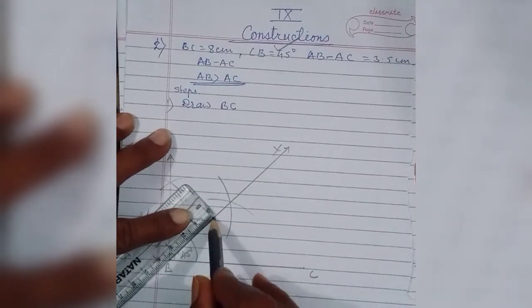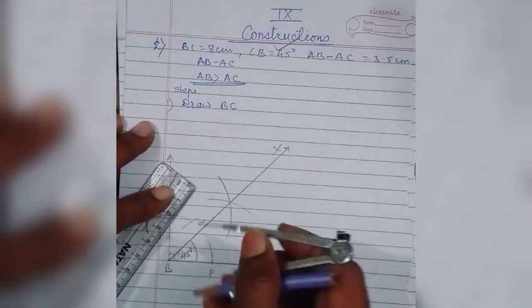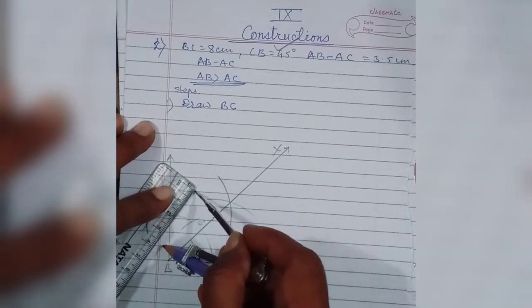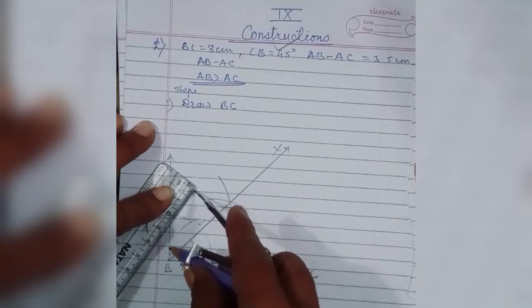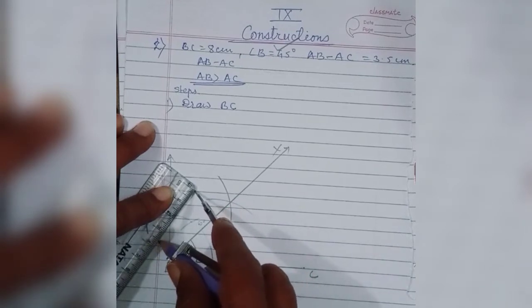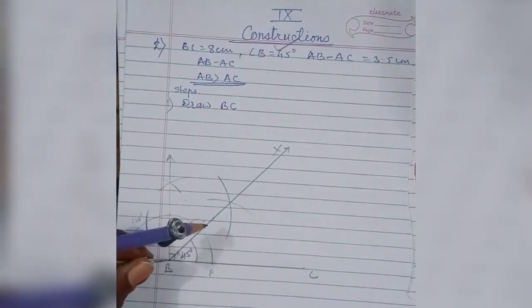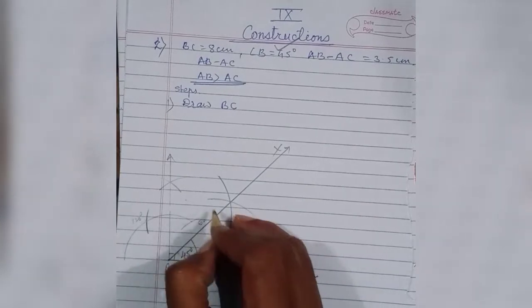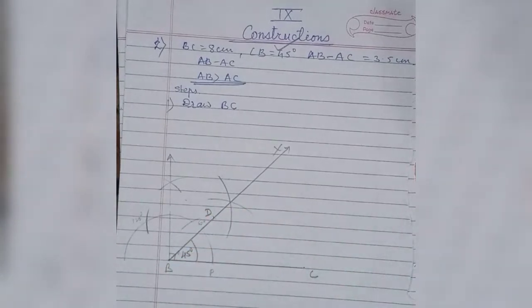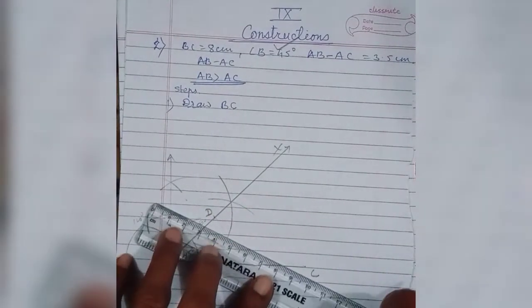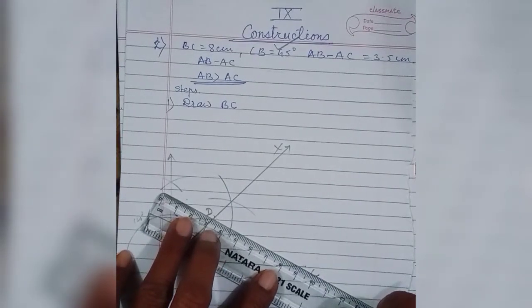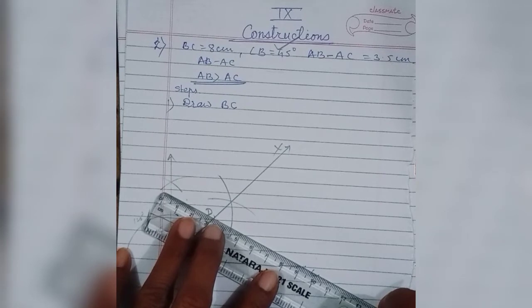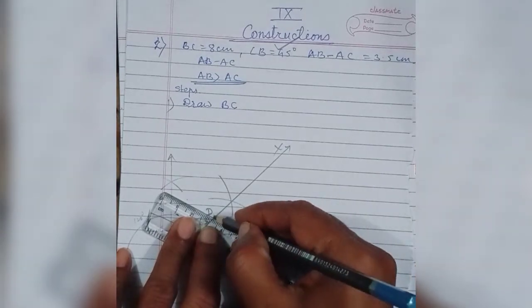Like this you can draw, or just take 3.5 distance in a compass and draw the curve. Okay, where they cut BX, that point is our D. Now join this DC.